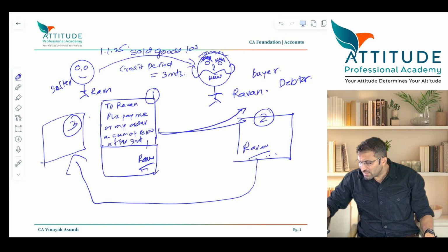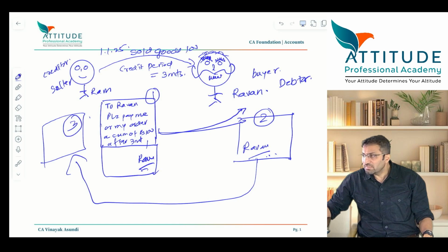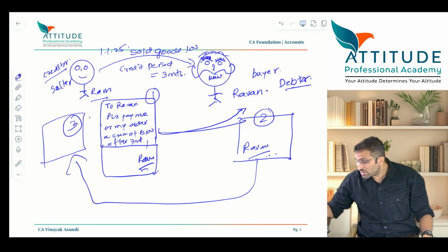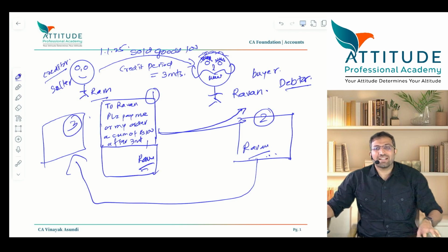And who is Ram? Creditor. Clear? Who draws the bill on whom? Ram, the creditor, draws the bill on the debtor. And the debtor has to accept it. He has to sign it and give it back to Ram. This is the mechanism in bills of exchange.